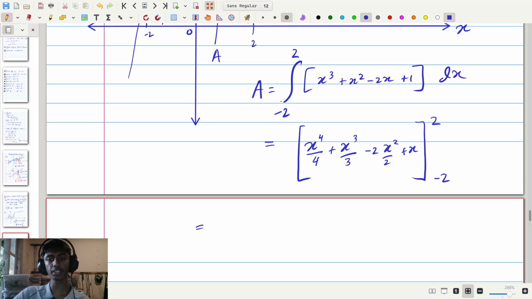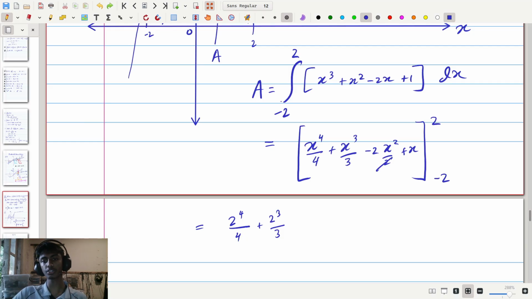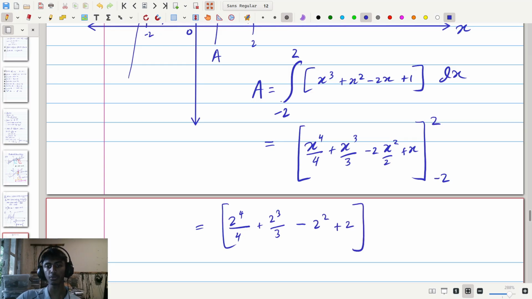Evaluating this out, we get 2 to the power of 4 divided by 4 plus 2 to the power of 3 divided by 3 minus 2, actually we can cut this 2 and this 2, so just minus this thing squared, so minus 2 squared and then plus 2. This is the first limit. We have to subtract from this the values at negative 2.